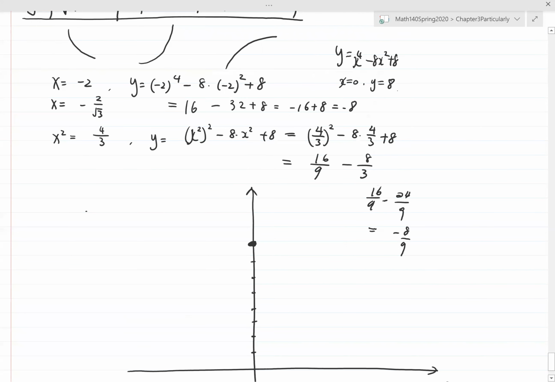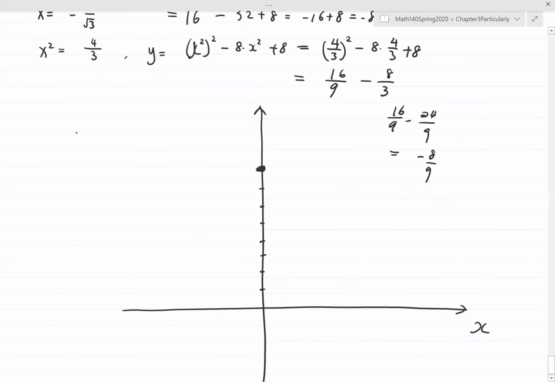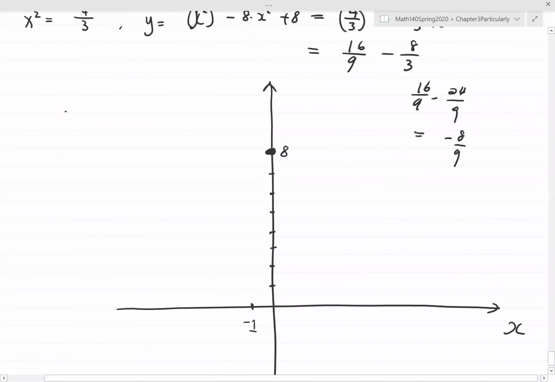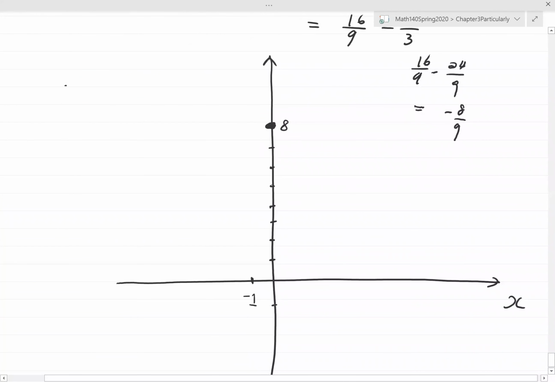Then when x is around root 2 over root 3, negative, it's slightly bigger than 1 in magnitude. So the value is around negative 1.